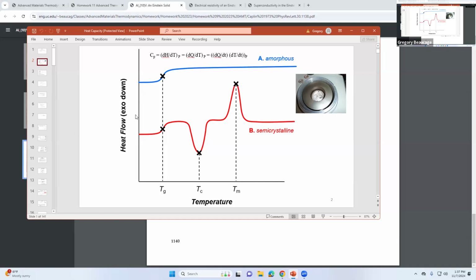So you're putting heat into it. This is watts of heat that you're putting in, but the heating rate is linear. The watts would be dQ/dt, energy per time. If you divide by the constant heating rate, dT/dt, the change of temperature with time, then you get dQ/dT, which is heat capacity.